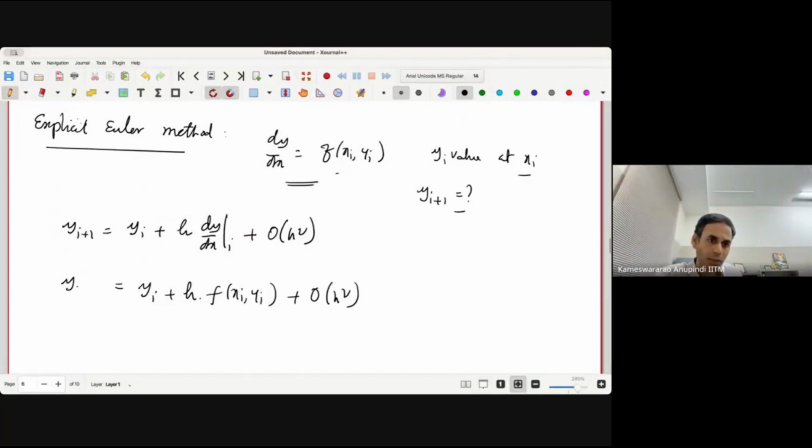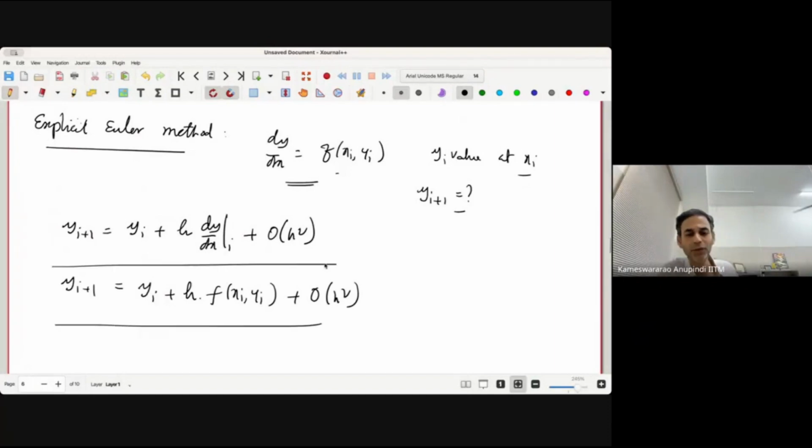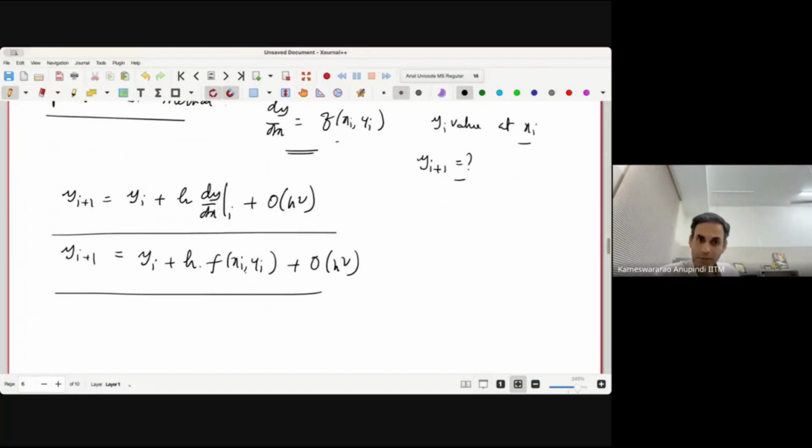This is much easier because we don't have to calculate all the derivatives. We just need to calculate the function value f at xi, yi, multiply with the delta x, h, and calculate the next value. That means we are using the previous value of y and the local slope of the function to calculate the next value of y.